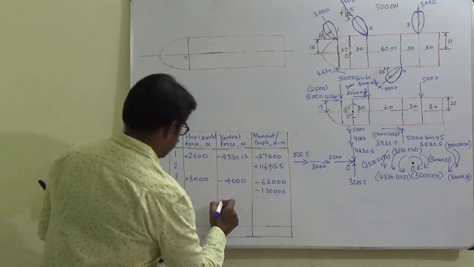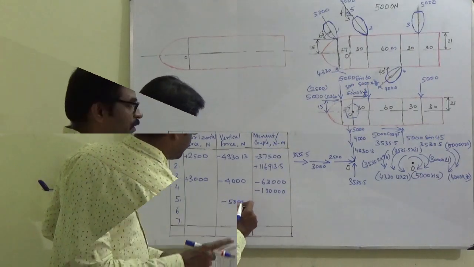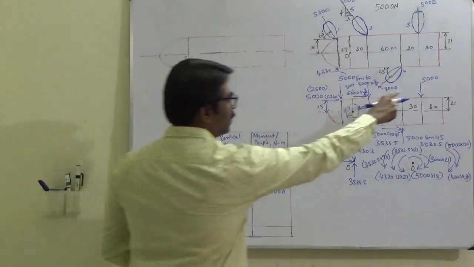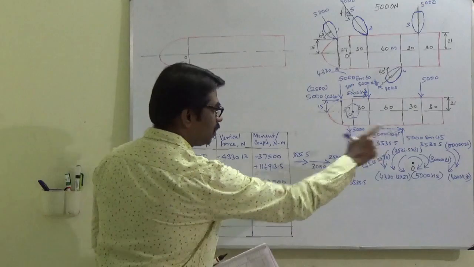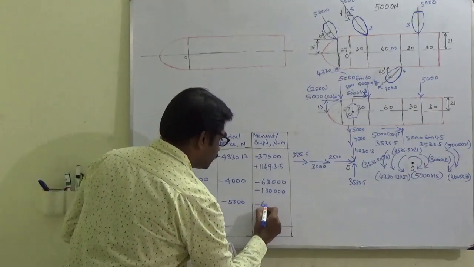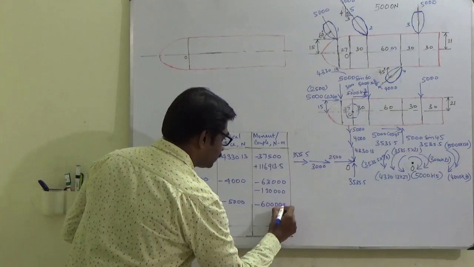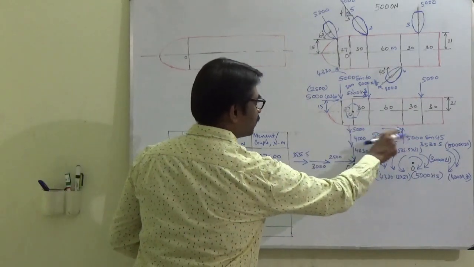Okay, this force is vertical force 5000, minus 5000. For 5000 you have only one moment. Okay, that is 5000 into 120. It's nothing but 6 lakhs. Okay, lastly these two forces.